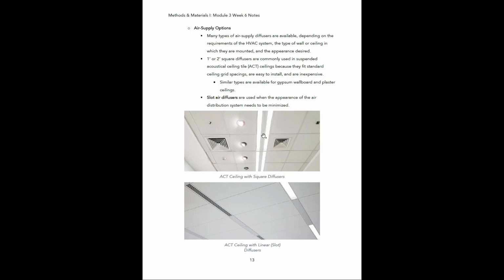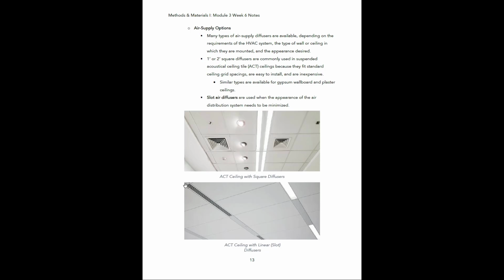Okay, so if we look at the example here, this is an example of the square diffusers. So these basically just pop right into the ceiling grid, and usually they're a perfect 2x2 fit for the ceiling grid size. And then below that is an example of a linear or slot diffuser.